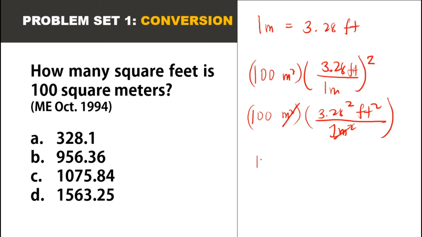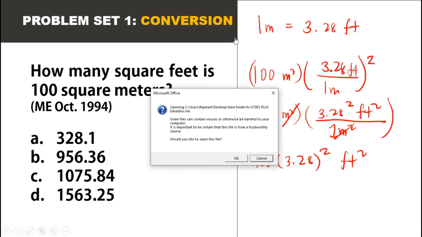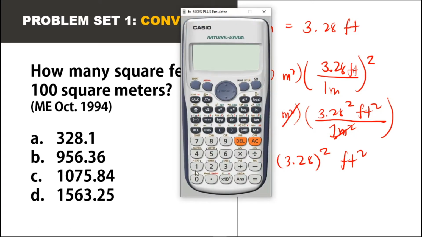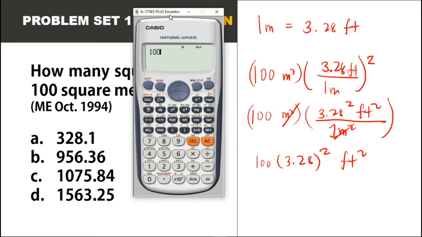So we have 100 times 3.28 squared square feet. So let's solve for that. You have 100 times 3.28 squared.